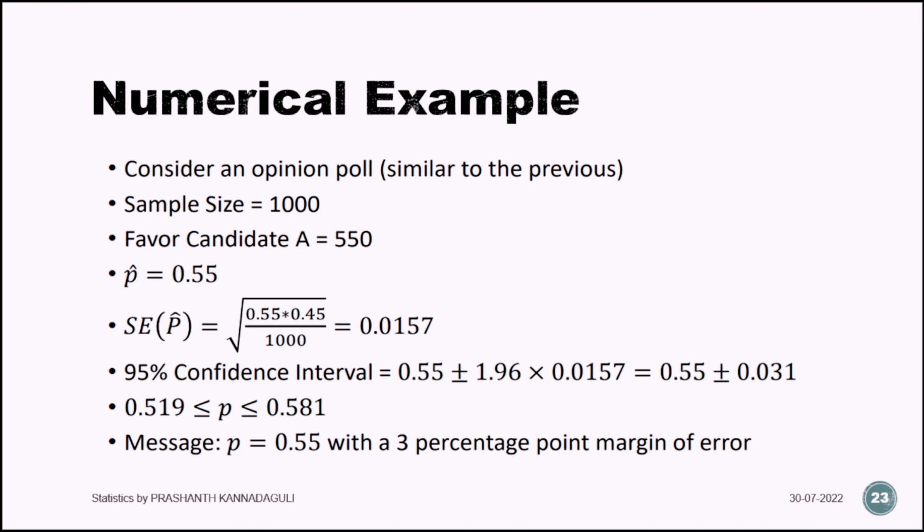That 0.031 into 100 is 3, which is the percentage. So 3% came just because of that. The last line says P equal to 0.55, that is this number. 0.55 plus or minus whatever you write, that is an error, so there is a 3% error on that. All right, good. Do we have any other doubt?